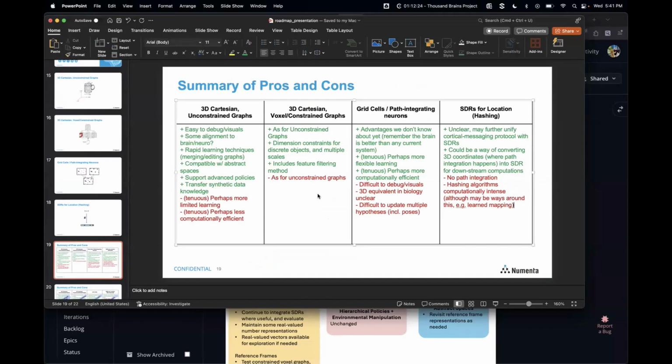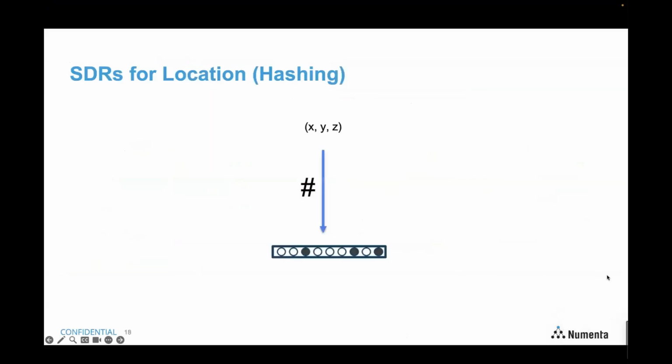A lot of times with LSH they'll do multiple hashes to get greater fidelity to how something is close to each other. That's one way of bringing together multiple projections to get something that maybe has higher dimensional properties.